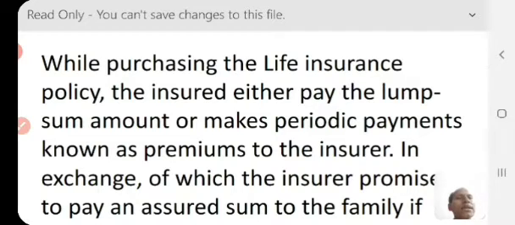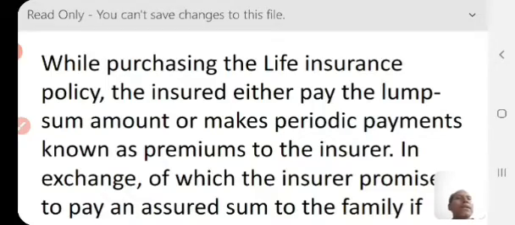In lump sum means at the time of taking the insurance policy, the insured pays the lump sum amount, the single premium. Generally we call it single premium policies. We pay one time, and the insurer will give the insurance to that person. So it may be in lump sum or single premium, or it may be periodic payments.